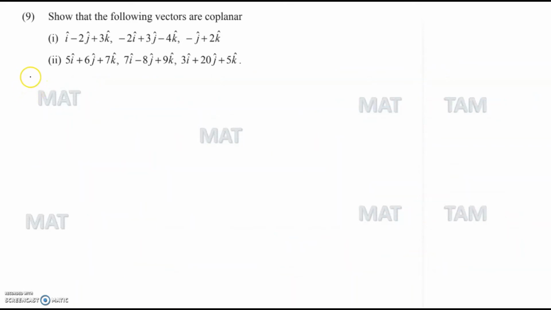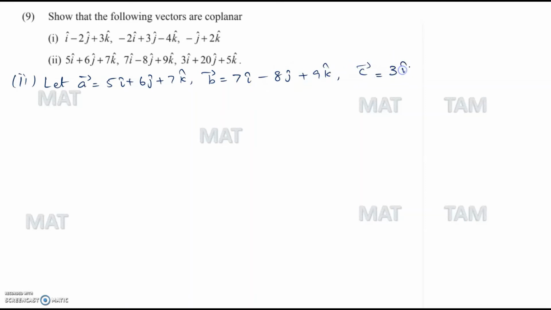Similarly, let's do the next one using the same method. Let vector A be equal to 5 i cap plus 6 j cap plus 7 k cap, vector B equal to 7 i cap minus 8 j cap plus 9 k cap, and vector C equal to 3 i cap plus 20 j cap plus 5 k cap.